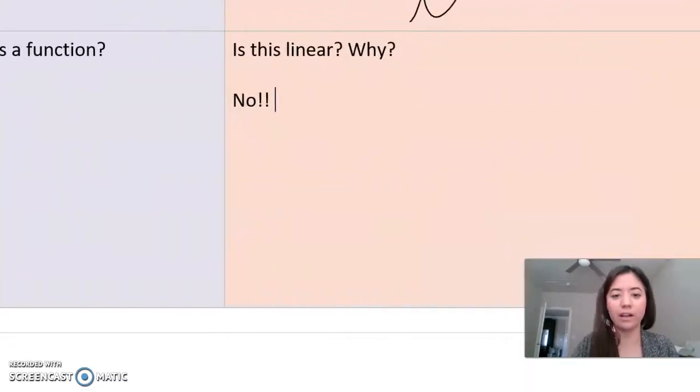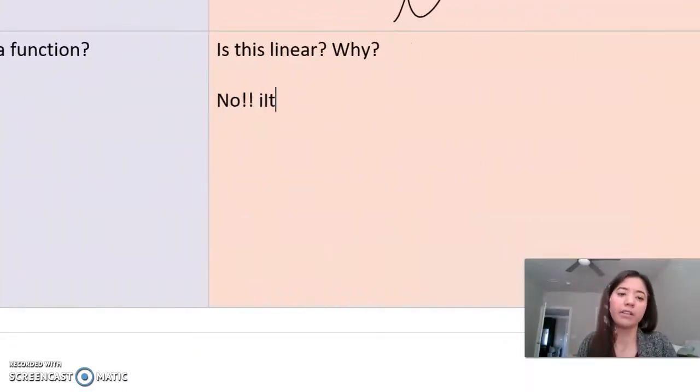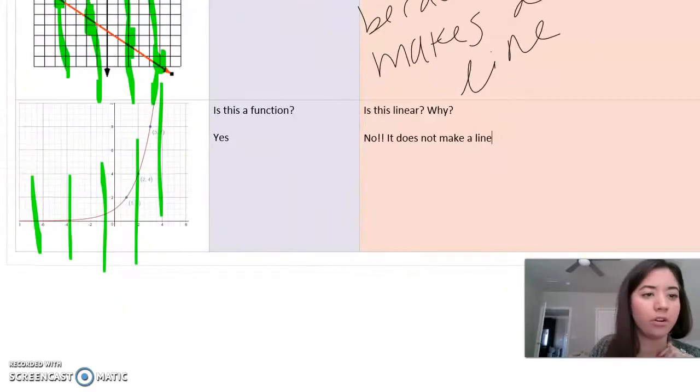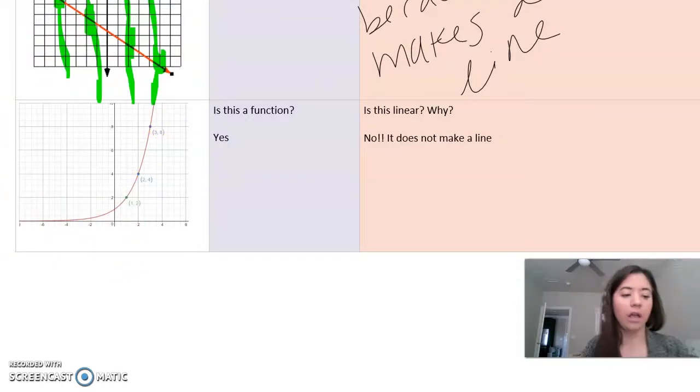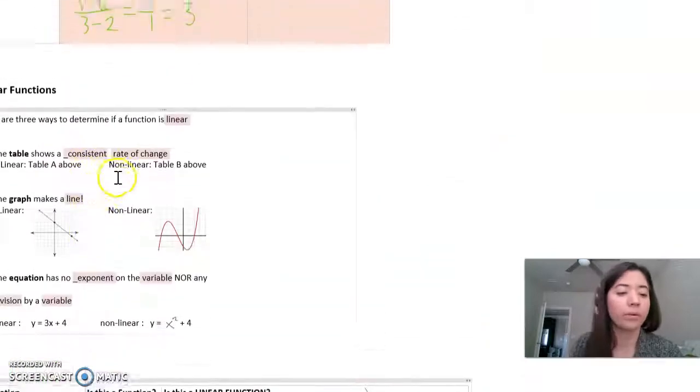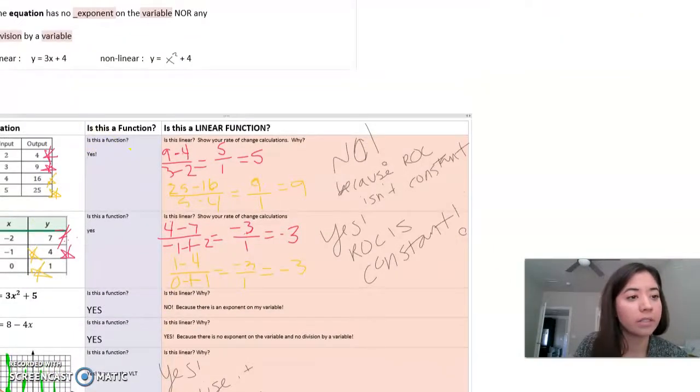No, this one is not linear. It does not make a line. We have a curved exponential line here. Okay, so there is our examples.